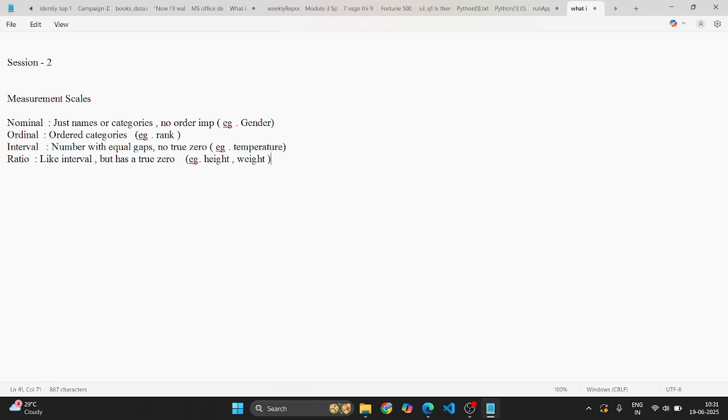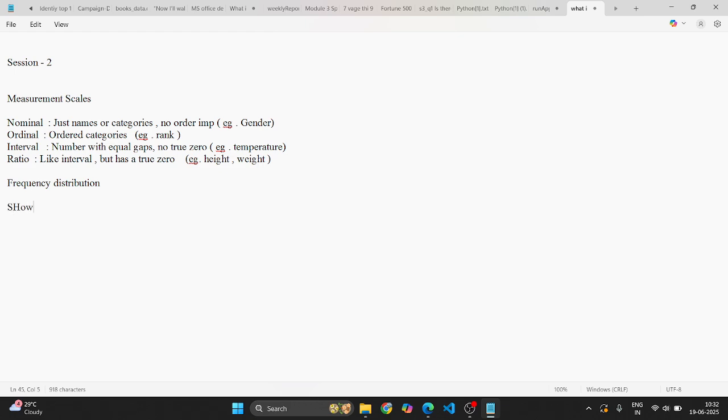So now, which we revised, the four types of measurement scales: nominal, ordinal, interval, and ratio. Next, what we have discussed was the frequency distribution. What's the frequency distribution?